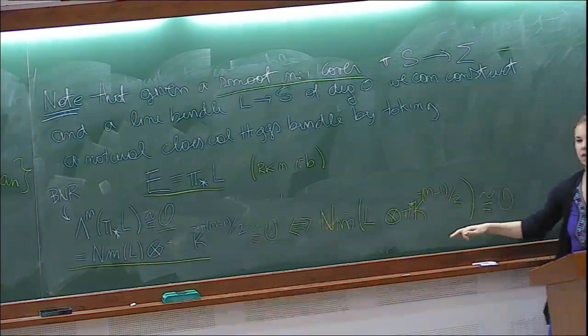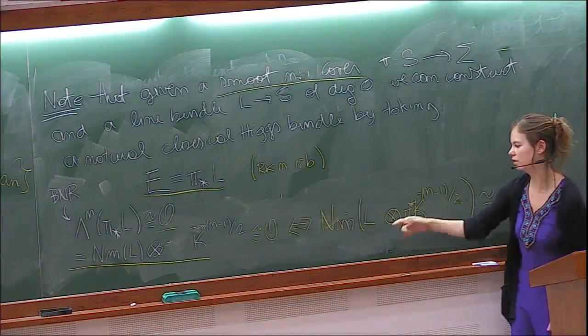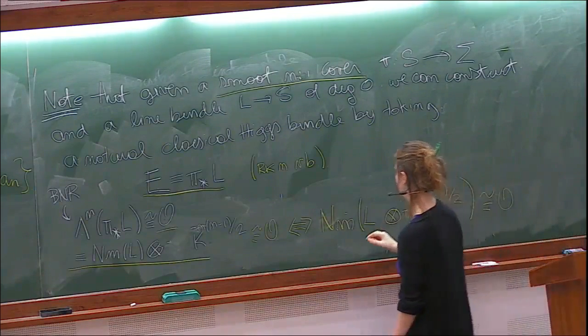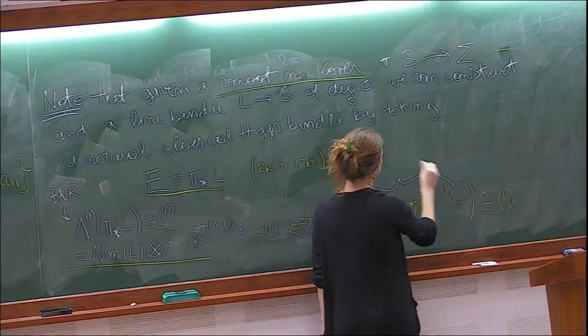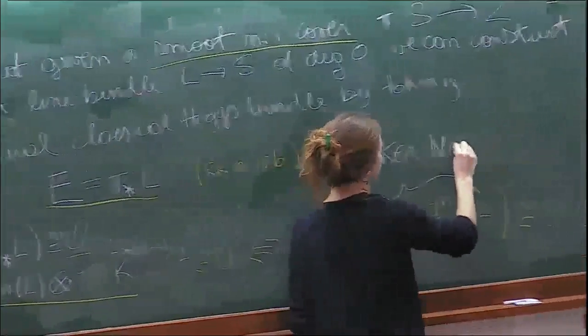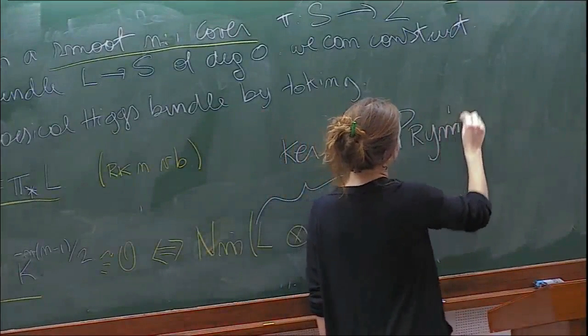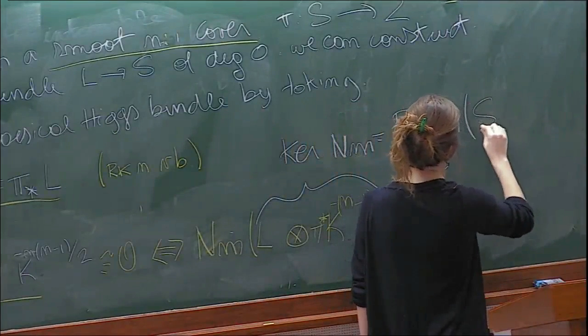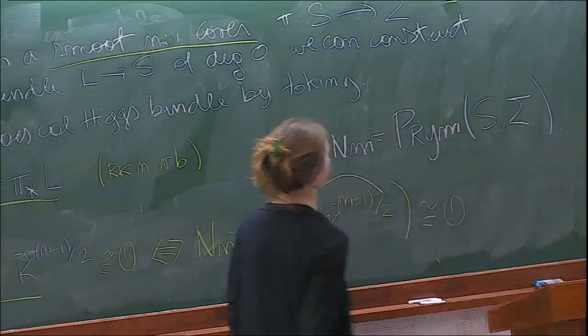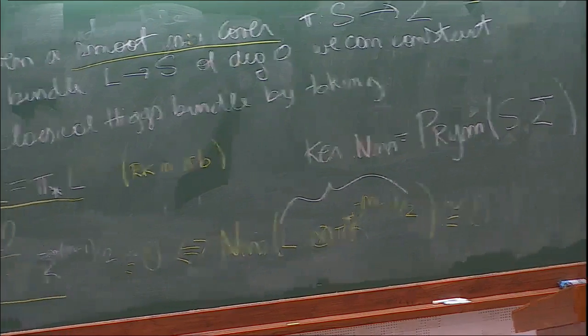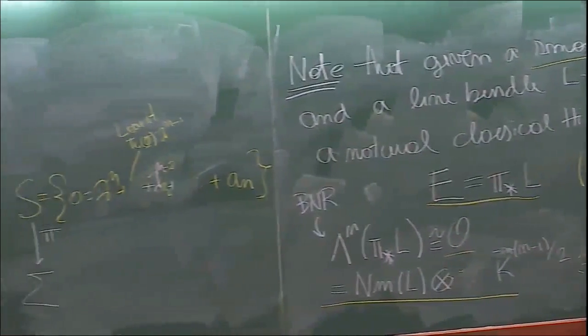And so it's a condition on a line bundle to be twisted by something, but yet in the kernel of the norm map. So we want all these to be in the kernel of the norm map, and this is, by definition, the Prym variety of this cover, Prym of S sigma. So the condition then is not for the line bundle that you started with, but for a twist of it to be in the Prym variety, and your smooth fibers in this case will be a condition giving you Prym varieties.